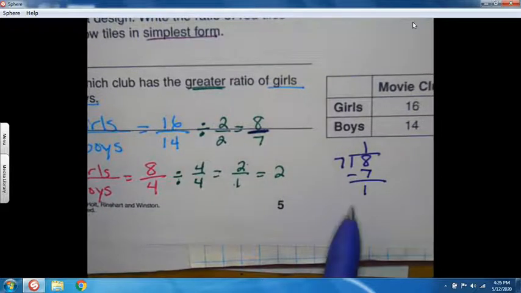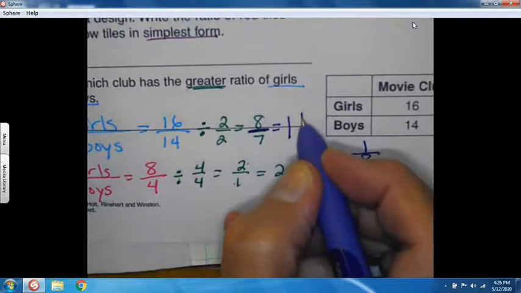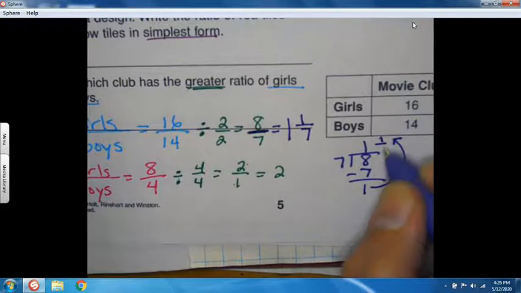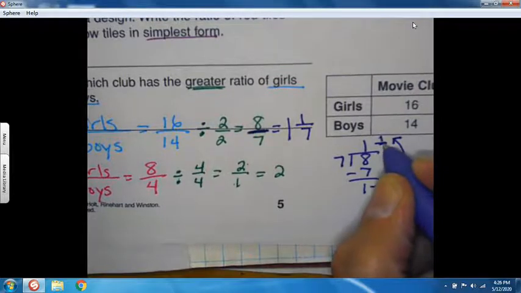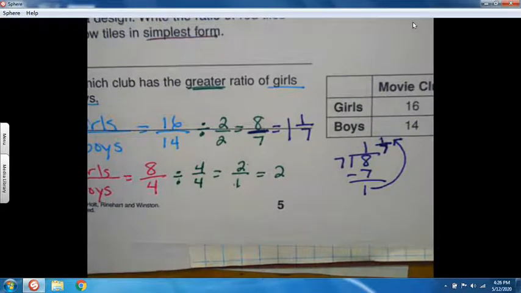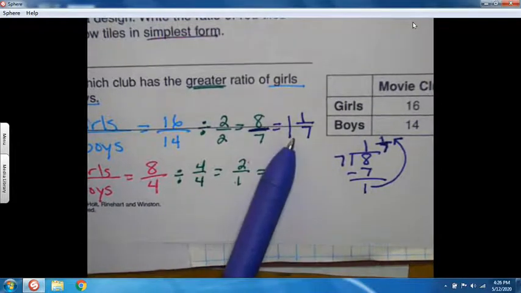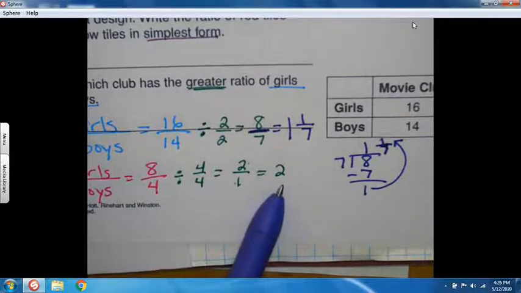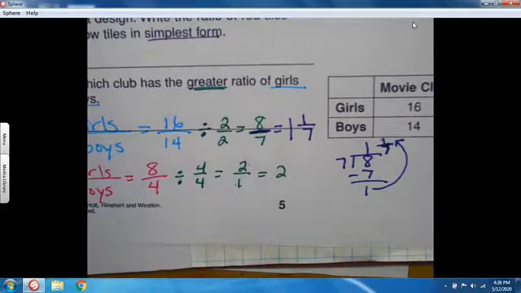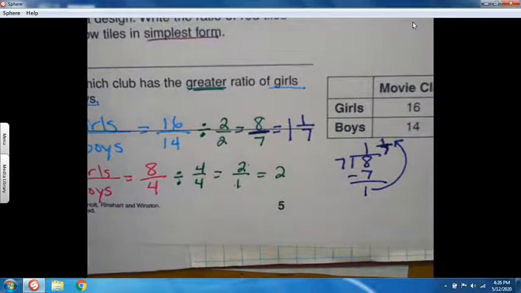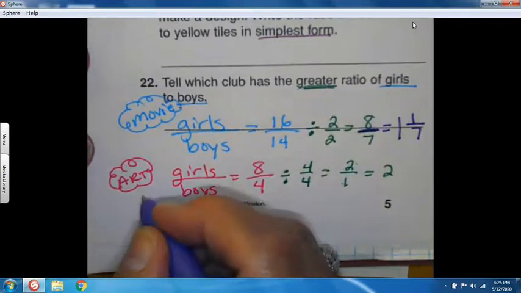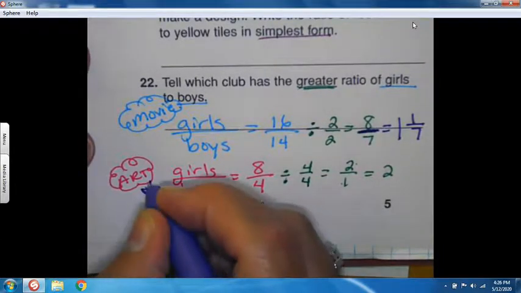So this answer is 1 and 1/7, because this one goes on the top, and this 7 stays on the bottom. So this is 1 and 1/7. This is 2. Which one has a greater ratio of girls to boys? Well, the art club does. So I would put a star to show that this was my answer right here.